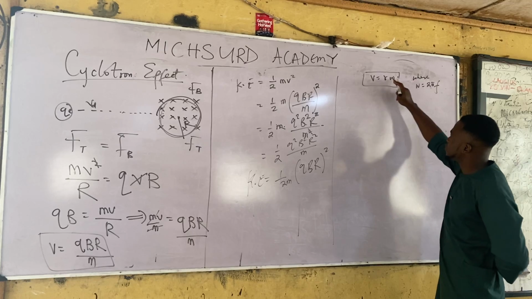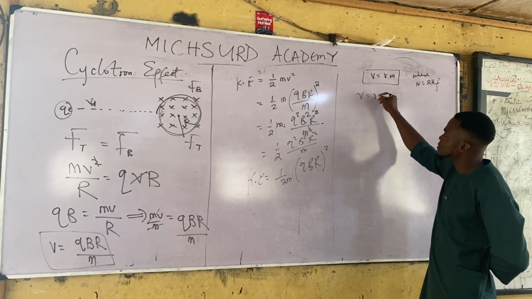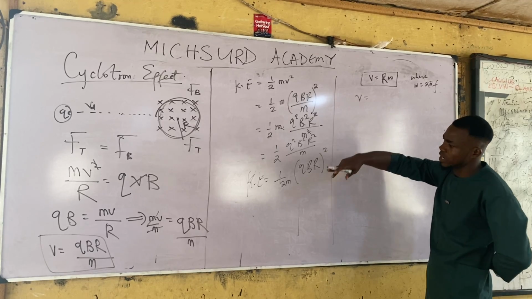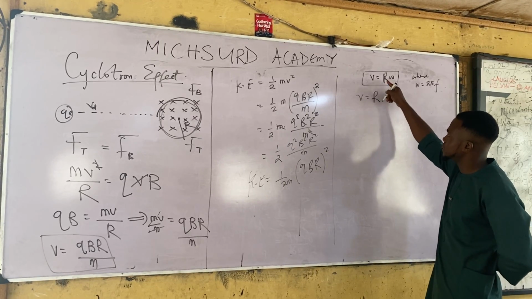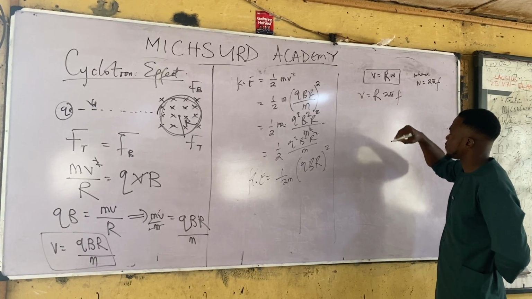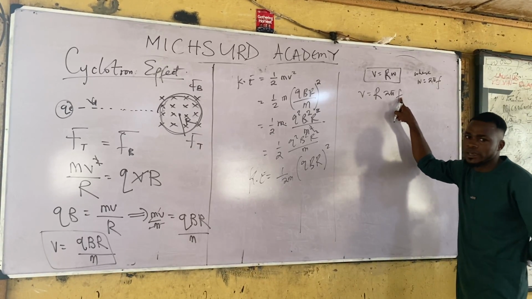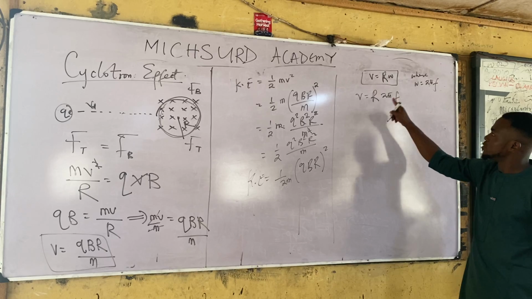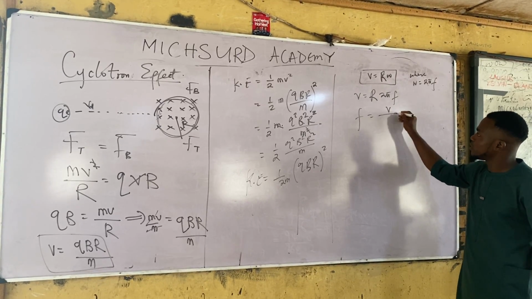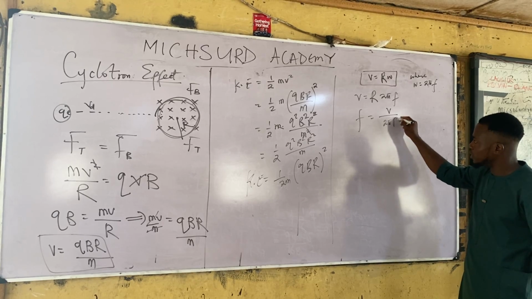So if you substitute here, our v becomes r times 2 pi f. I can divide through by 2 pi r, so that f will be equal to v all over 2 pi r.